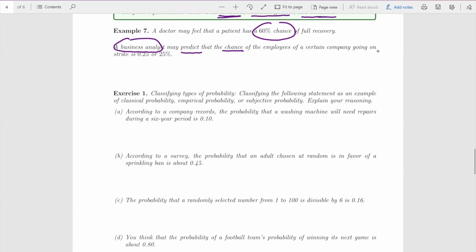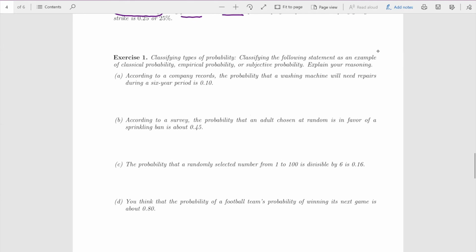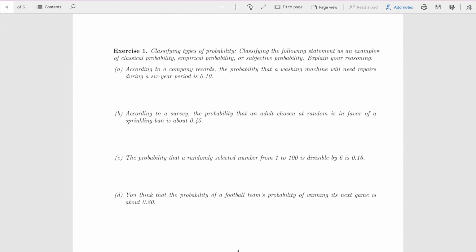Now let's look at some exercises here. In these 4 probabilities, you want to classify the type of each probability of each of the experiments. According to a company's records, the probability that a washing machine will need repairs during a 6-year period is 0.1 or 10%.